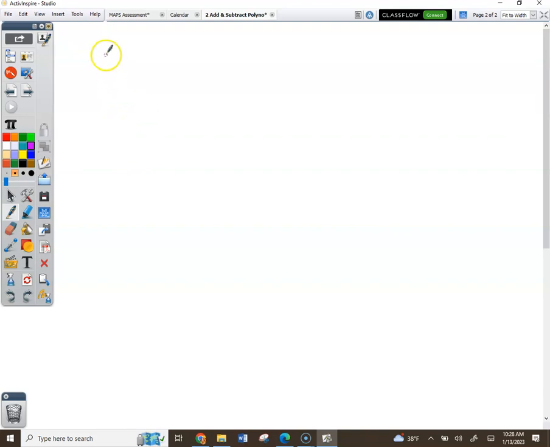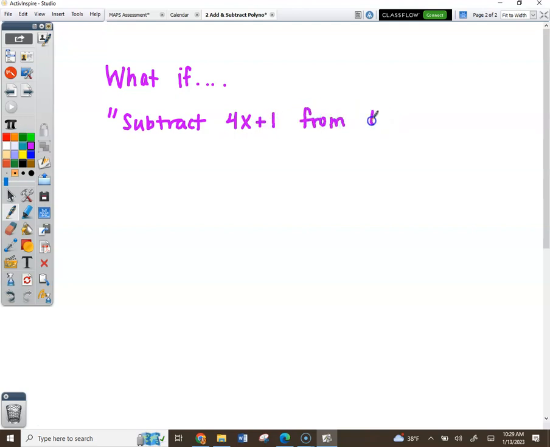I want you to write this. What if... Meaning I need to show you a question that was not on these notes, but it's going to come up in your practice assignment. What if I said subtract 4x plus 1 from 6x minus 7?